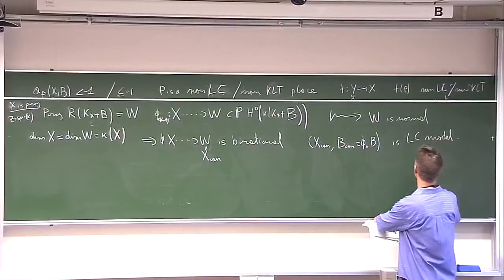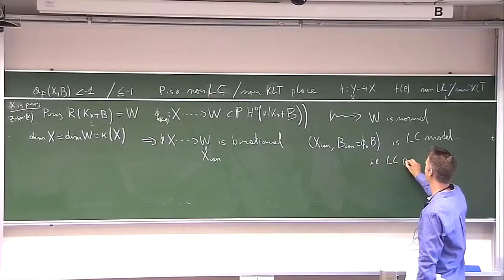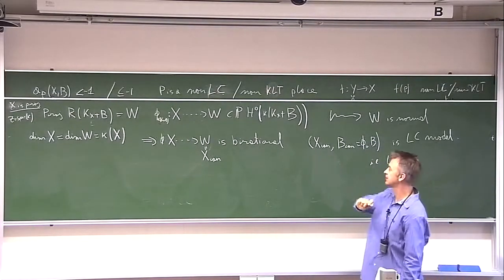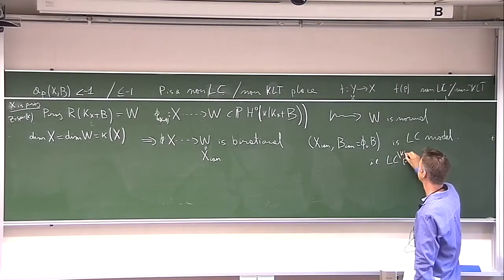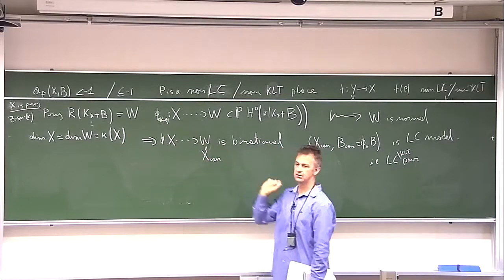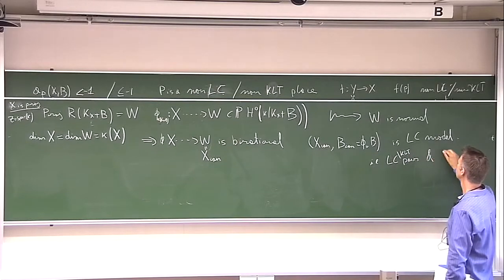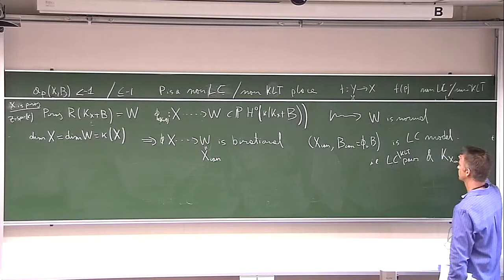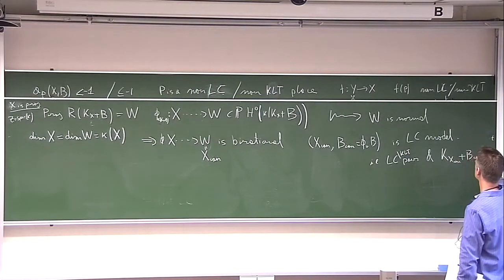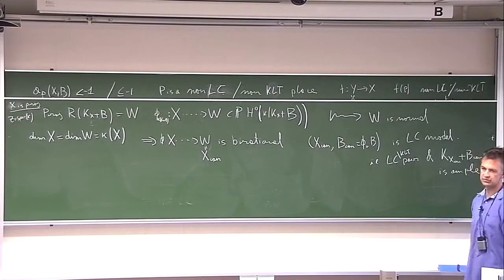It means that, in other words, it's a log canonical pair. Or actually, if I start with a KLT pair, it will be KLT. So the singularities do not get worse when I take the log canonical model. And this log canonical class is ample. That's what a log canonical model is.